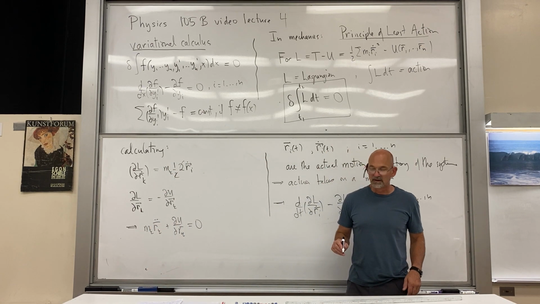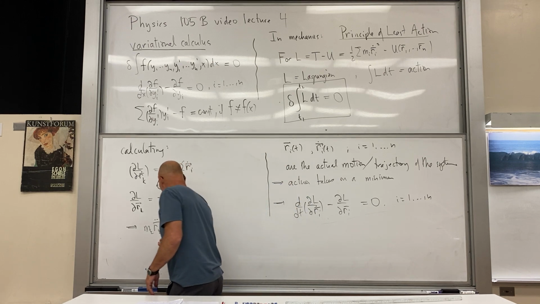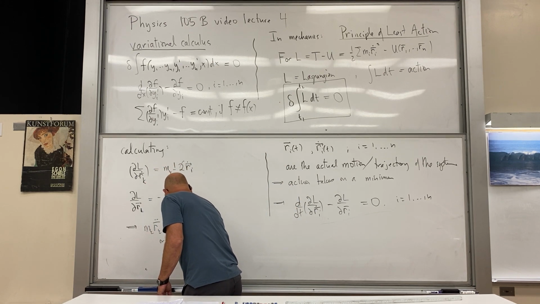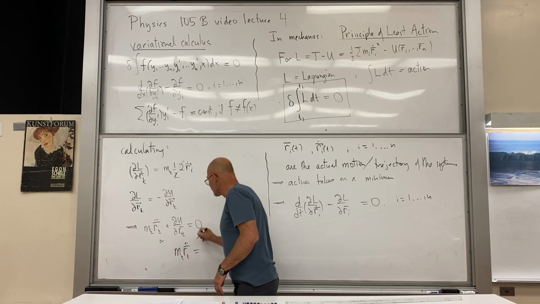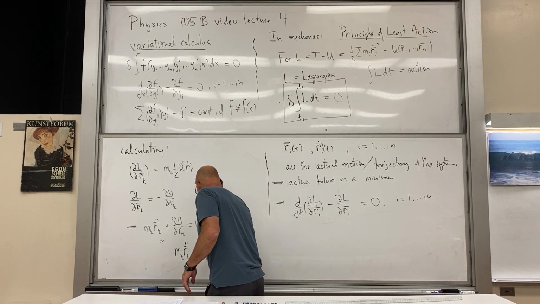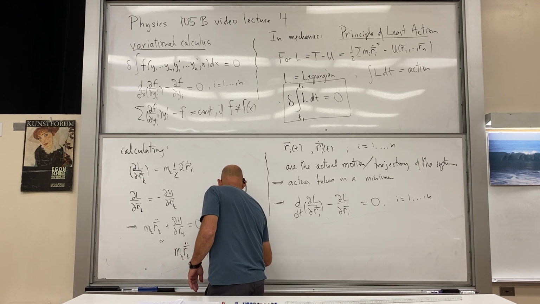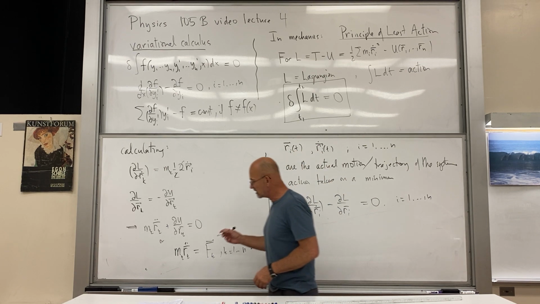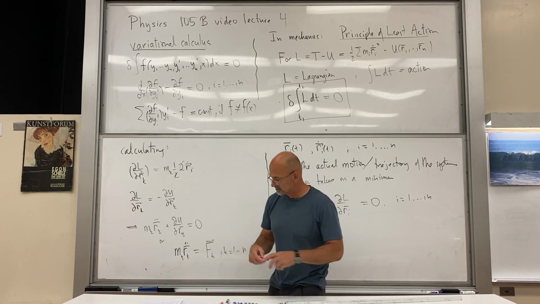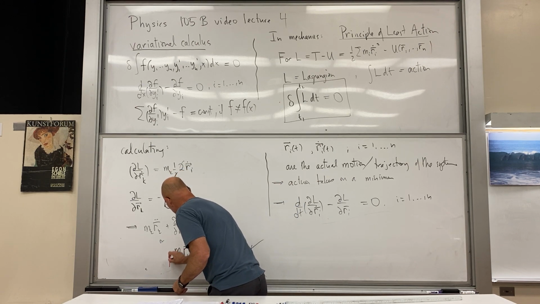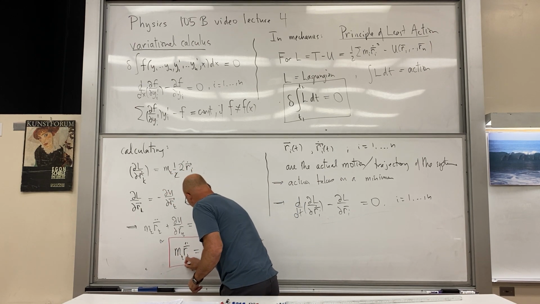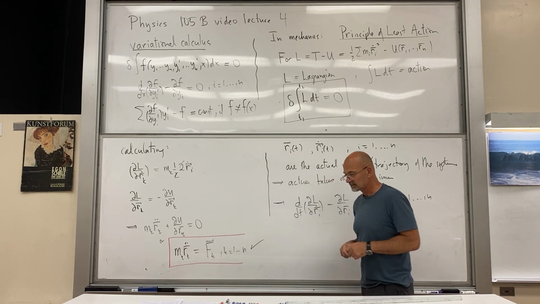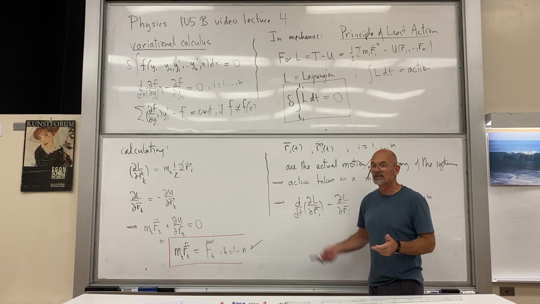That's just Newton's law. Or m sub k r sub k acceleration equals minus du dr sub k, so that's f sub k, k equals 1 to n, because we have all of those equations. Check that off right there. So that's Newton's law. So this variational principle gives us Newton's law, and that's the condenser, so to speak.